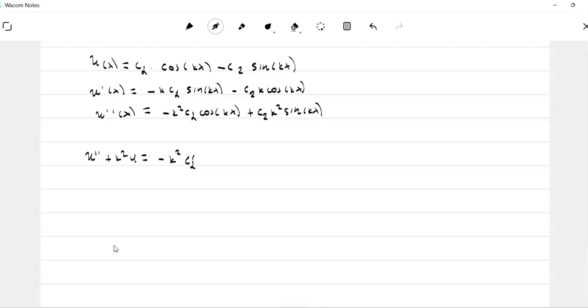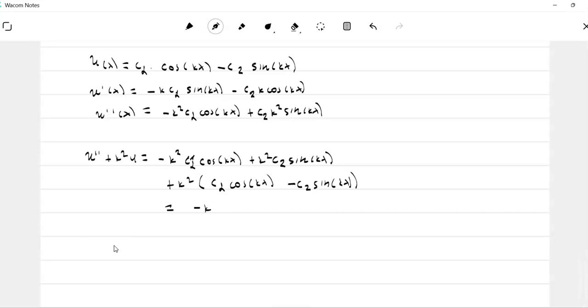This is minus k squared c1 cos kx plus k squared c2 sine kx, plus k squared times my solution, c1 cos kx minus c2 sine kx. Some calculations are necessary at this stage.